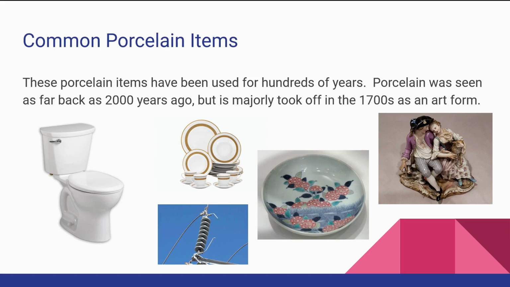Many common things can be found every day, like tableware, plates, bowls, and cups, sanitary stuff like sinks, toilets, and tiles, electrical components, which is good due to the insulating properties of porcelain ceramic, dental and medical tools like fillings and crowns, as well as artistic applications like these plates and porcelain figurines.